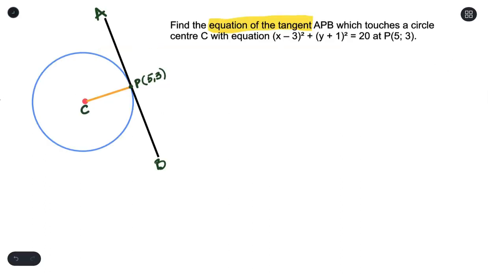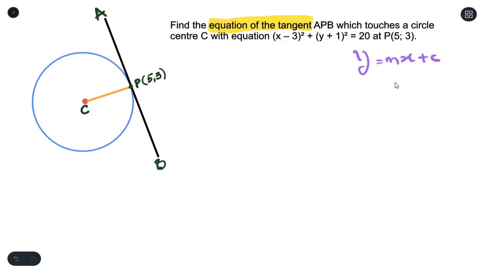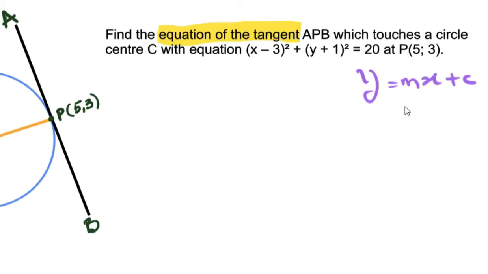And a tangent is a straight line. Now every straight line would always look like this: y is equal to mx plus c. And one of the important things in finding a straight line is figuring out what the gradient is. So I need to figure out my gradient, and figuring out the gradient will definitely help me find my answer.